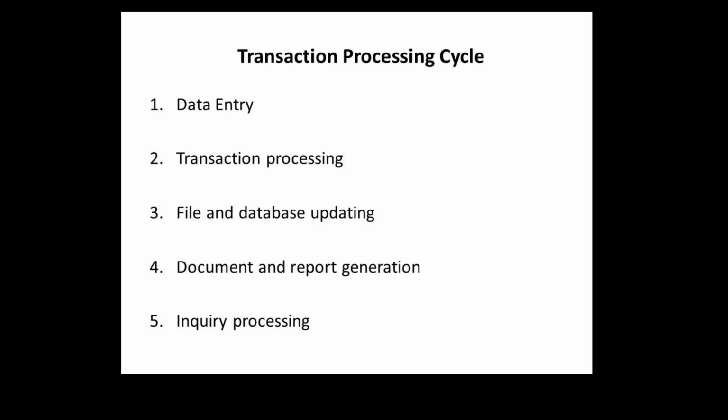Transaction processing has two things. One is batch processing, which we covered just now. The next one is real time processing. Real time processing means the transaction data is processed immediately after it is generated, so it has to provide immediate output to the end user or customer. For example, online railway or airline reservation.